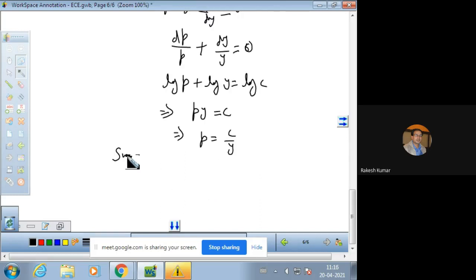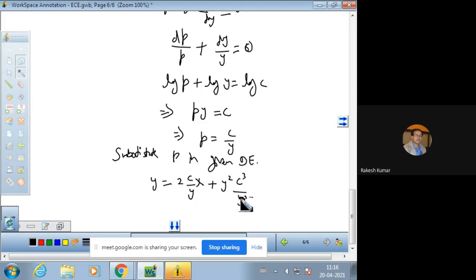So substitute p in the given differential equation. The equation was y is equal to 2px, so 2c over y into x, and next one is y square p cube, so its cube will be c cube over y cube.